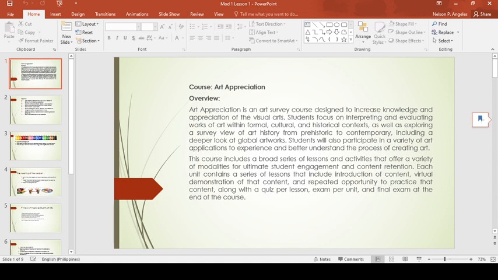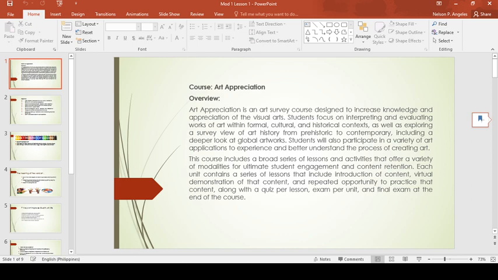Students focus on interpreting and evaluating works of art within formal, cultural, and historical context, as well as exploring a survey view of art from prehistoric to contemporary, including a deeper look at global artworks. Students will also engage in a variety of art applications to experience and better understand the process of creating art.